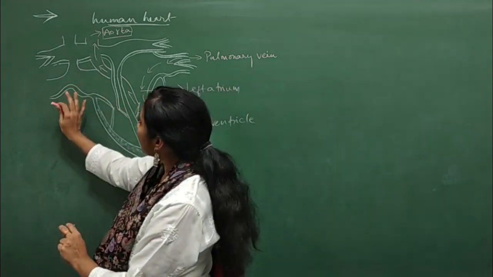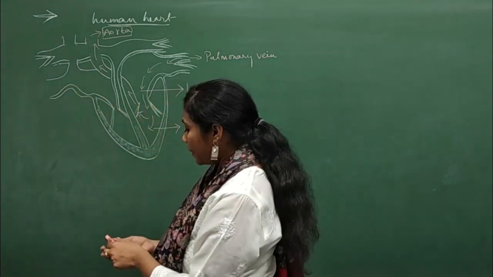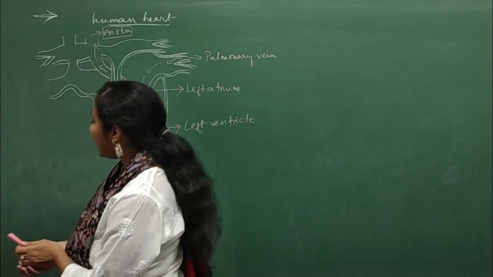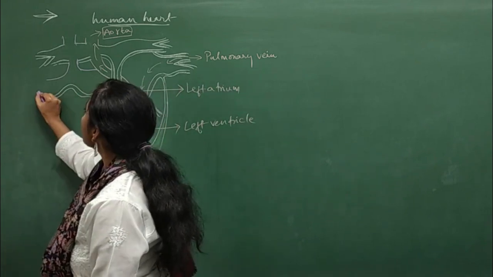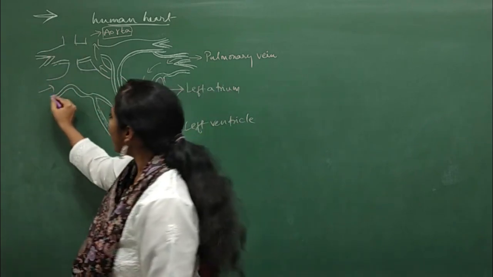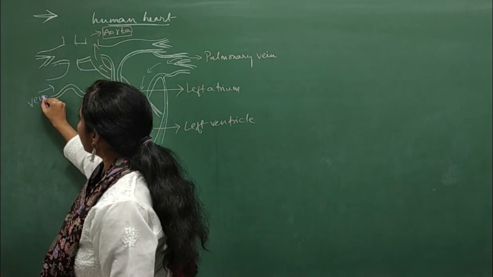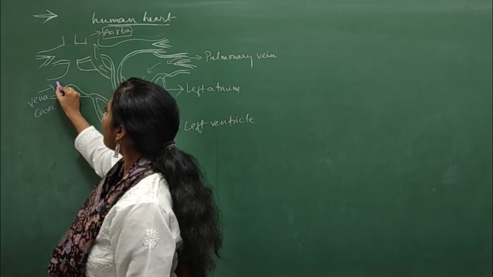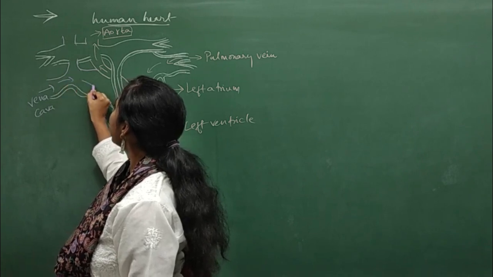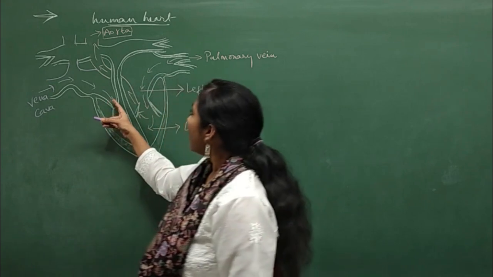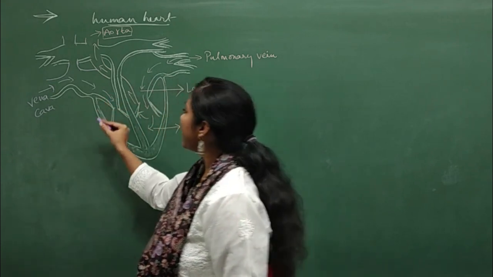Now let me label this part. And this one, this is what we call vena cava. Right? So superior vena cava, inferior vena cava. You can just write it as vena cava. That's it. Vena cava. From the vena cava, what happens? The impure blood enters into your heart, and it will go to the right atrium.